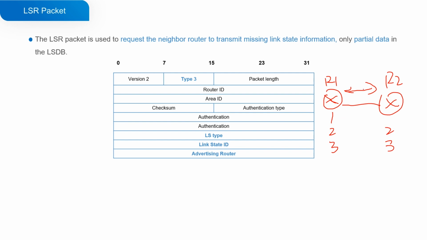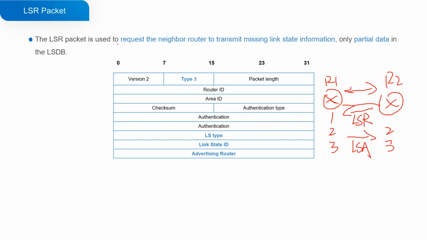So when R2 and R1 exchange the DBD packet, R2 finds it doesn't have LSA 1 and needs it. Now R2 will send the LSR to request the LSA information that it doesn't have or maybe missed. When R1 receives the LSR, it will reply with the LSA information to R2. So this is the LSR's function.